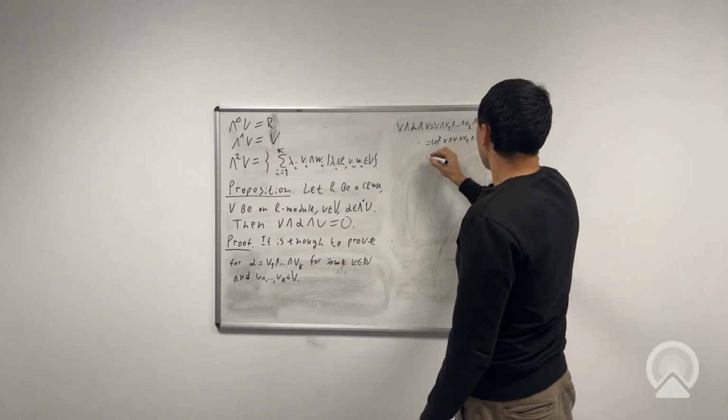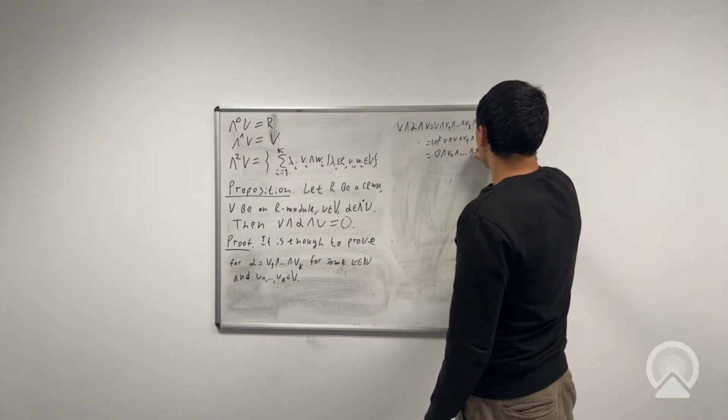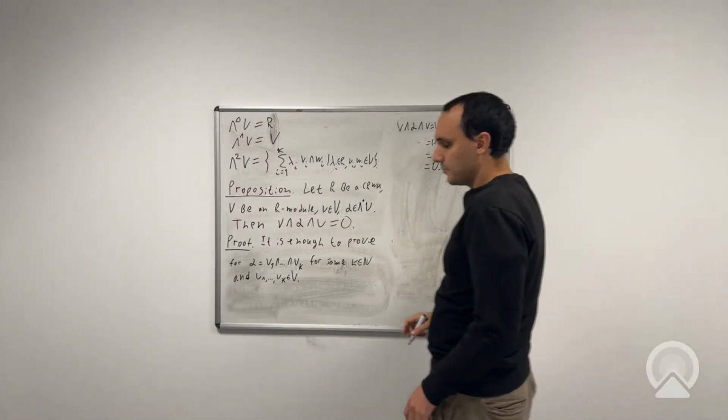And this is 0 wedge V1 to Vk, which is 0. Okay.